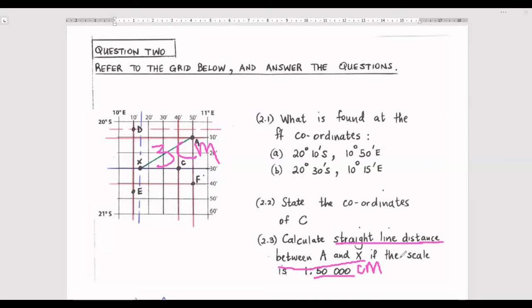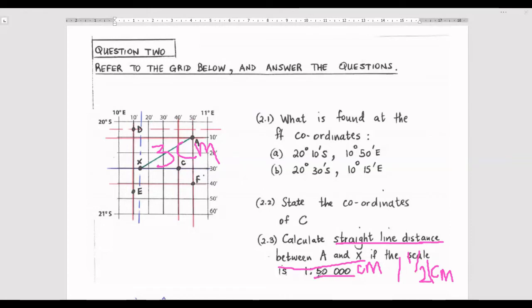Now we can read out the scale and we can record it as half a kilometer. It's the same thing. It just means it's easier to calculate. It's easier to work 3 centimeters times half a kilometer as compared to 3 centimeters times 50,000 centimeters.